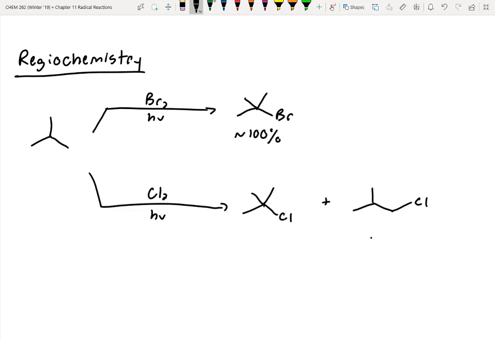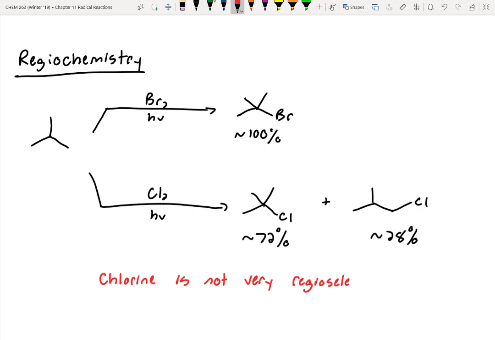You'll get about 28% of the product shown on the right and about 72% of the product shown here. So chlorine is not very regioselective. That means from a synthetic point of view, it's not super practical.